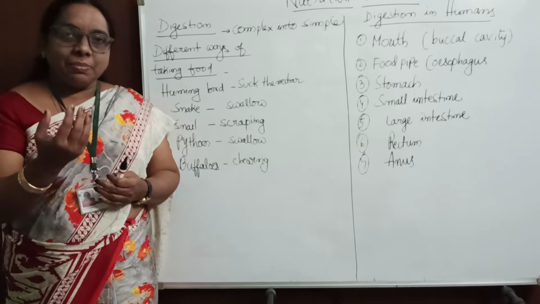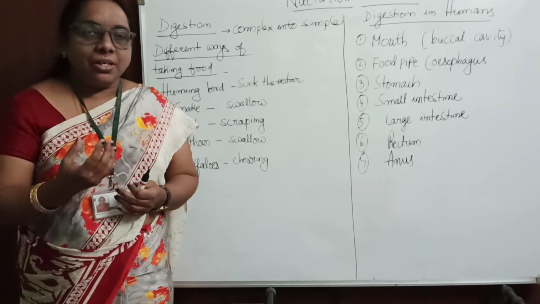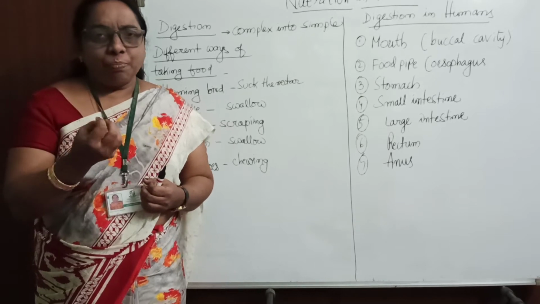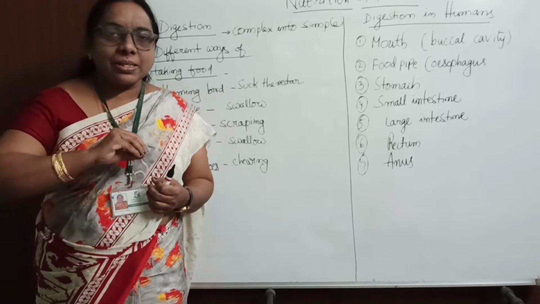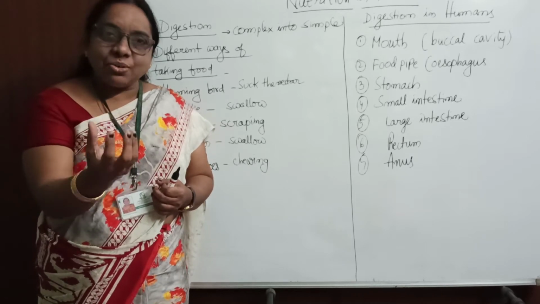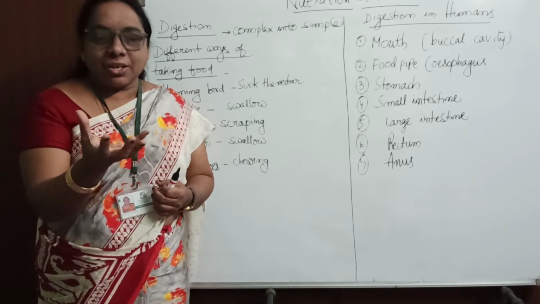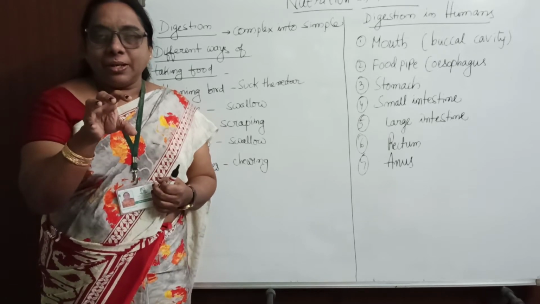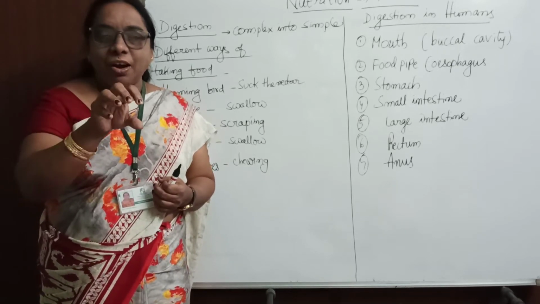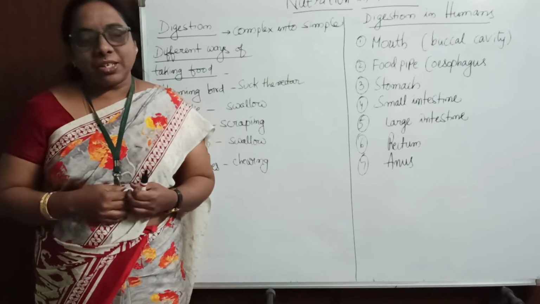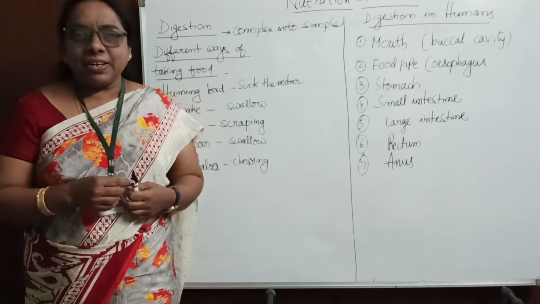Whenever the shelled animal comes close to the starfish, its stomach comes out with a pop sound and holds the hard shell. It takes only the soft flesh inside, and then the stomach goes back inside. That is very interesting.